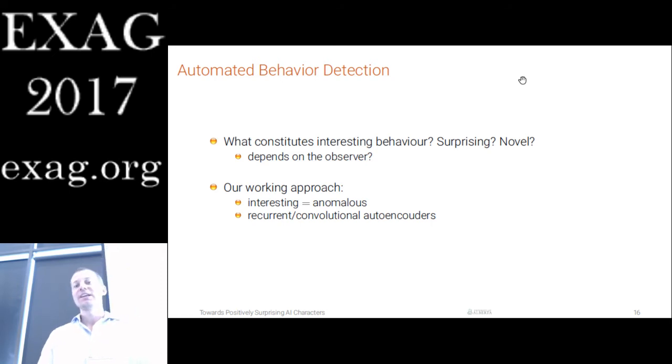So the current thinking is we're going to equate interesting with anomalous, in the sense that we're going to have a lot of uninteresting behavior, which we'll inspect manually at first and say, okay, these are uninteresting runs. Rabbits learn to avoid wolves, wolves learn to chase rabbits. It's expected, it's not that interesting, right? And then with this data, we will train a deep autoencoder, potentially with some feedback, so recurrent.